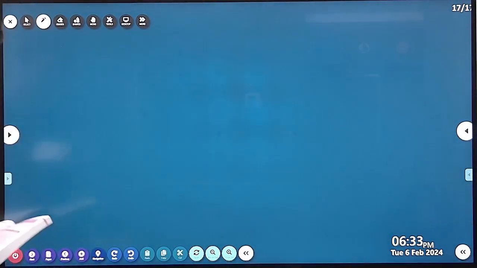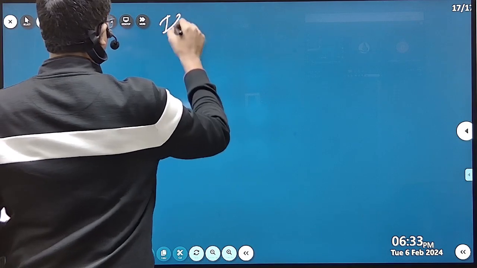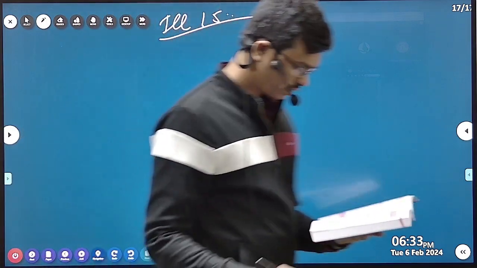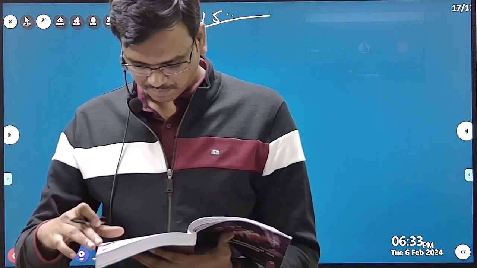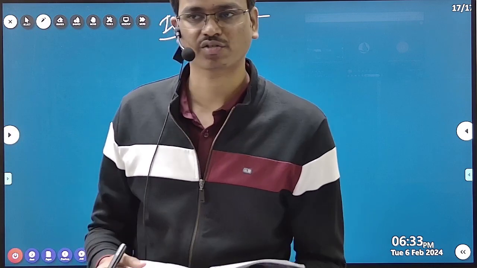Now let us take a look at the next problem. It is a similar problem, a very slight variation of it. So let us solve illustration number 15. Here similarly we have a firm. A firm has developed the following forecast for an item which has demand influenced by seasonal factors.